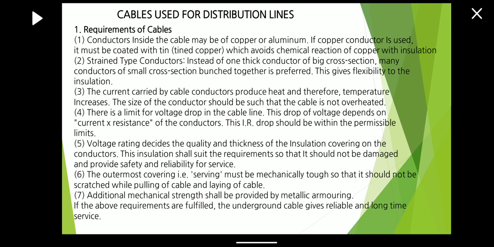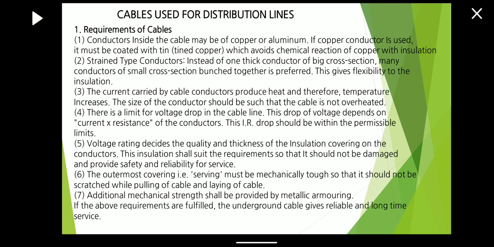Then the voltage rating decides the quality and thickness of the insulating covering on the conductor. This insulation shall suit the requirements so that it is not damaged and provides safety and reliability of service.